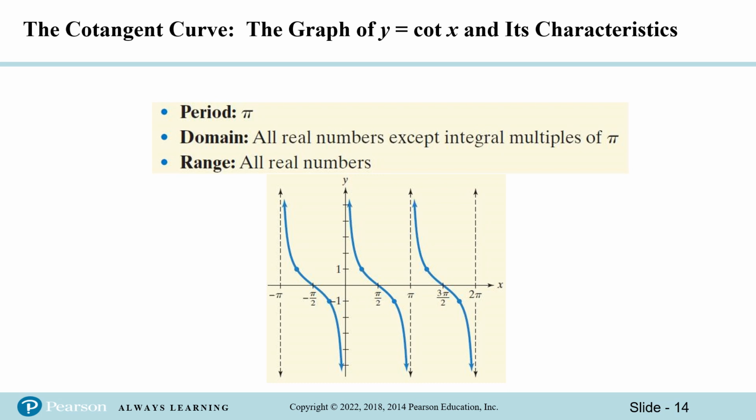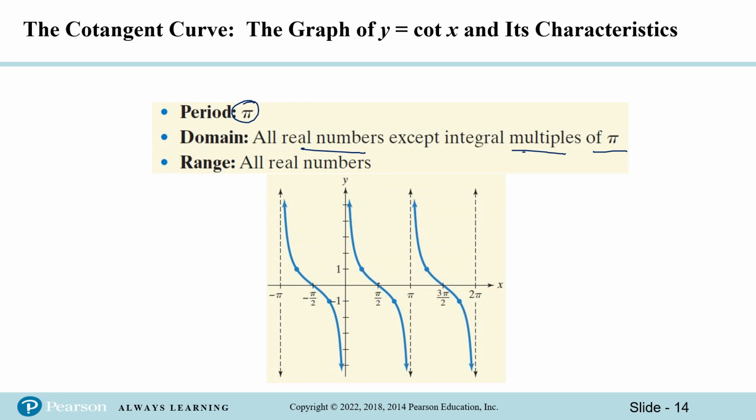Cotangent. So cotangent looks very similar to tangent. A couple differences. Well, first thing, the period is pi, and the domain is real numbers except multiples of pi. So pi, 2 pi, 3 pi, 4 pi, 5 pi.